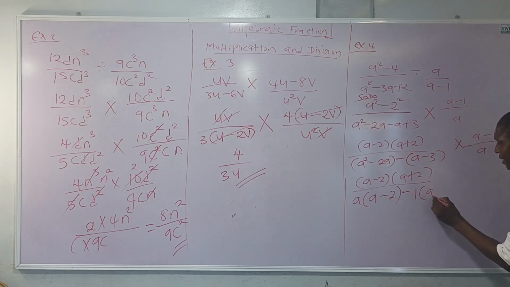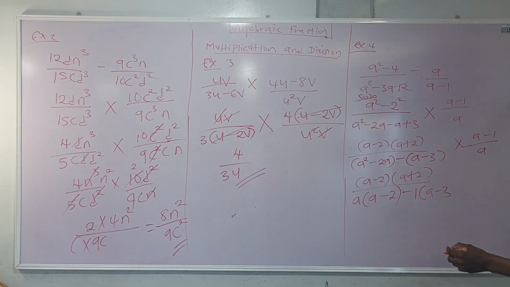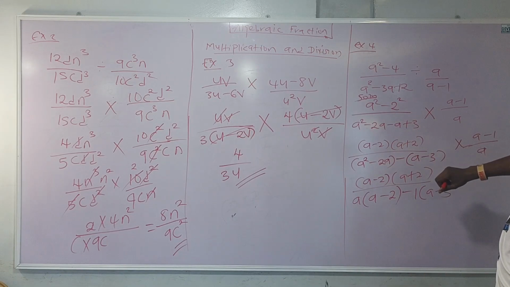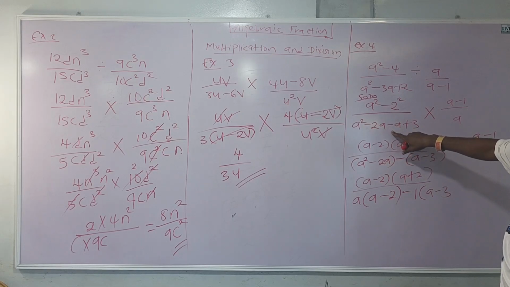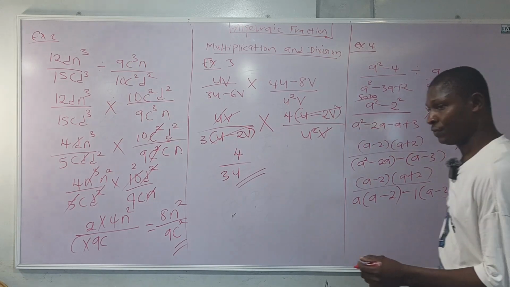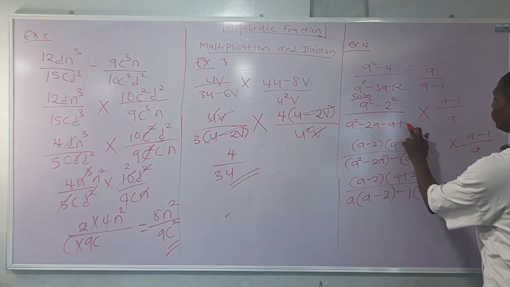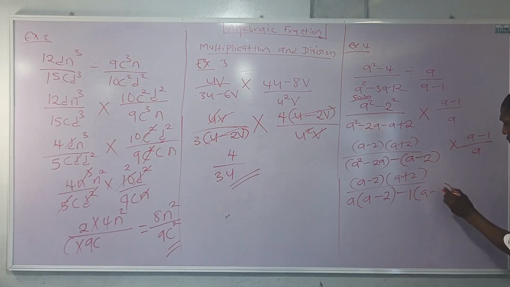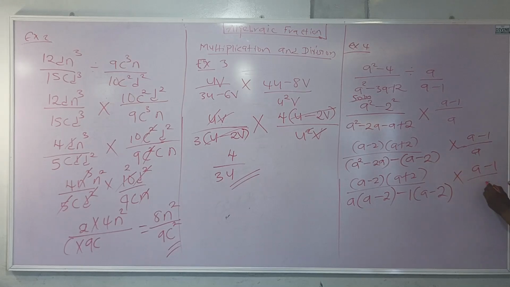I'll bring my 1 bracket a minus what? 3. We can see that here is supposed to be 2. Now we have our times a minus 1 all over a.